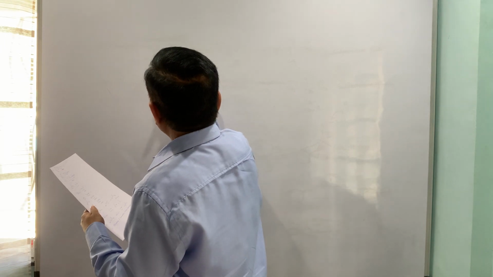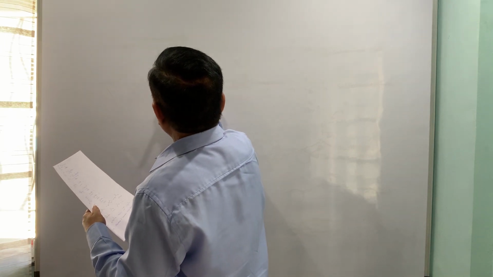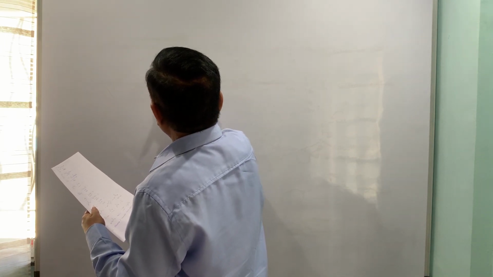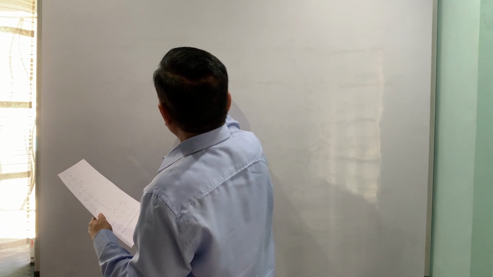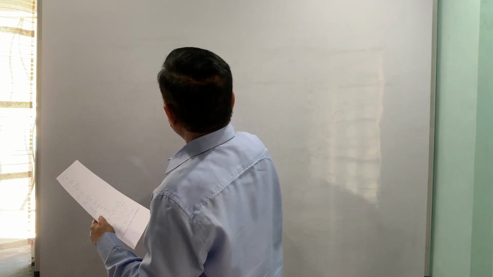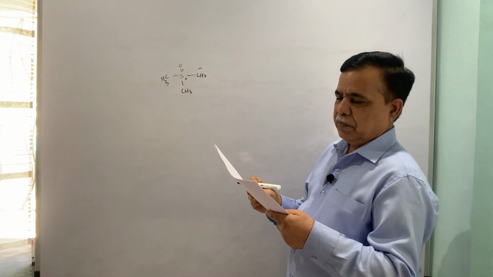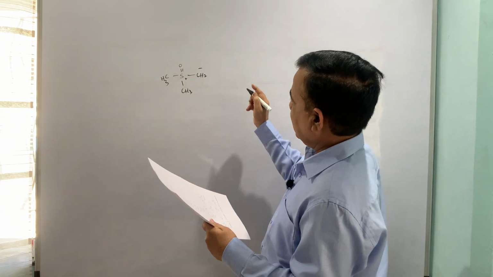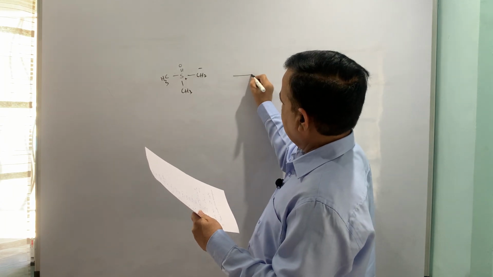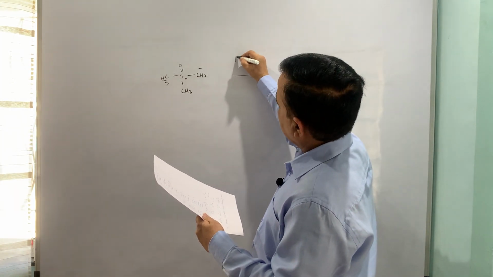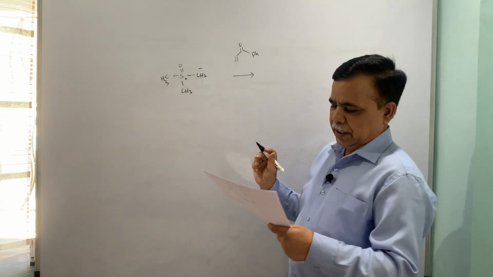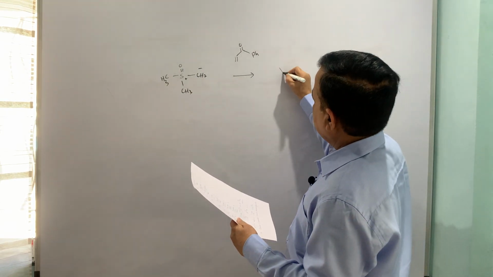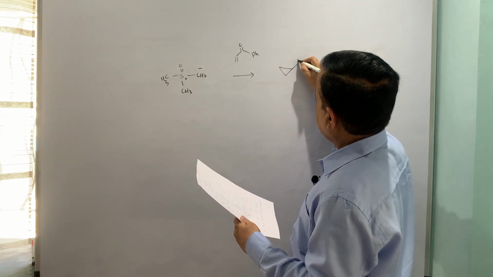Now the next example is the example of sulfoxonium halide, and this is reacting with your conjugated ketone, and the products are given.